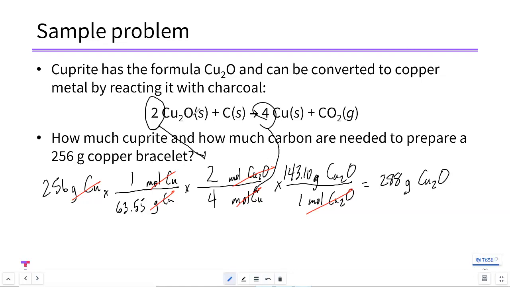Now for the second conversion, we are going from copper to carbon. It's going to start out the exact same way. 256 grams of copper. We need to turn the grams of copper into moles. Luckily, we already know that conversion because we've already done it once. 63.55 grams in every mole.